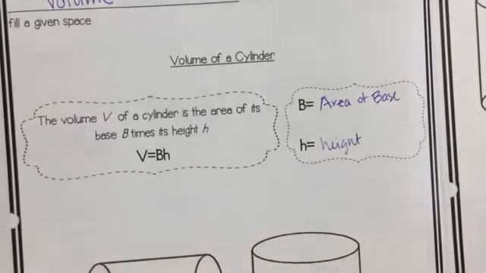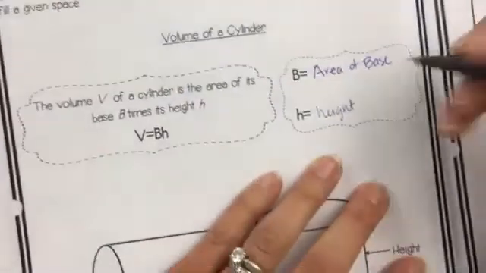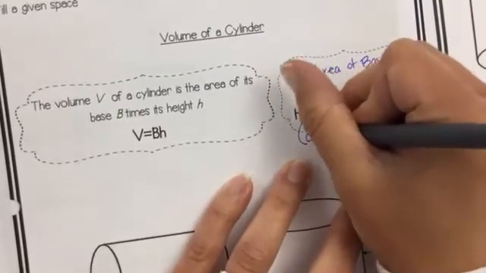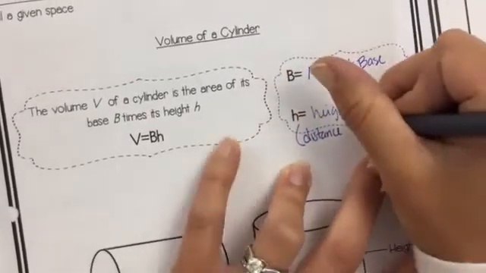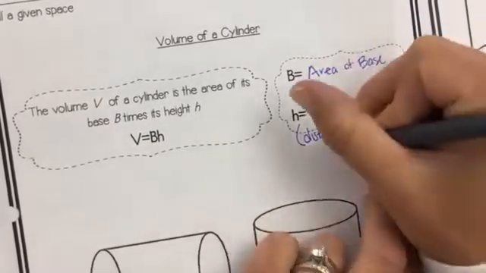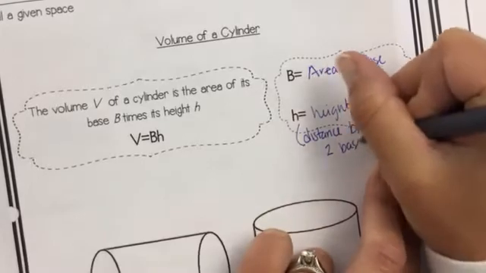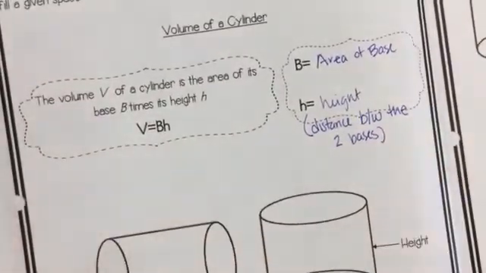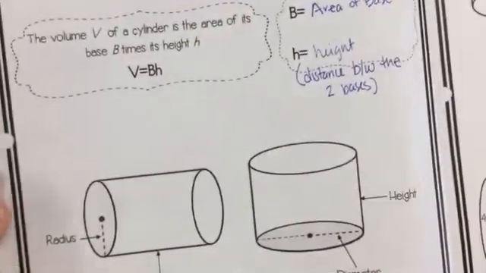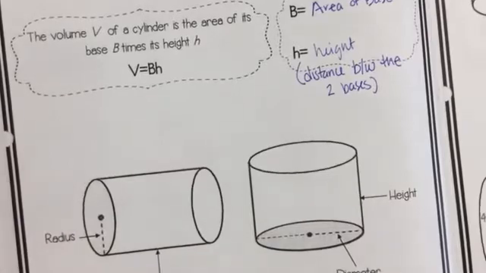Now, with this particular shape, I want to remind you that the height is the distance between the two bases. Because when we are working with a cylinder, we have two bases, no matter which way your cylinder is positioned.